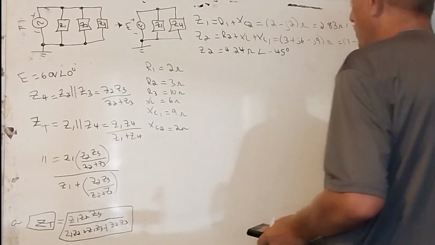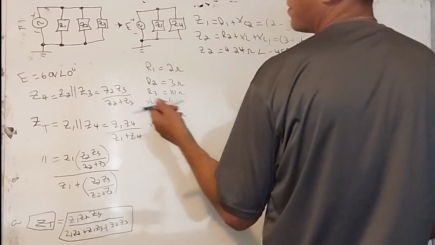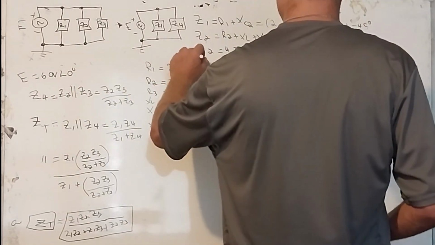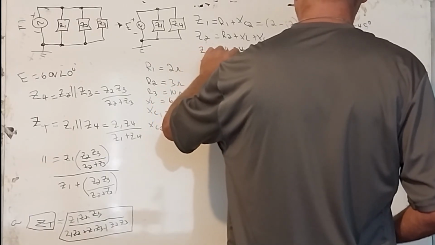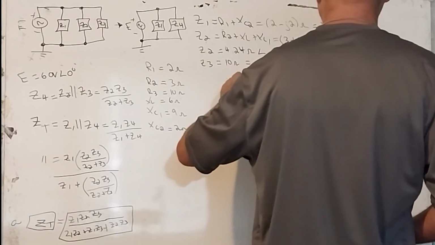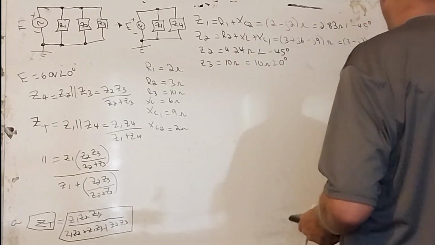Okay, we got Z1, we got Z2, now all we need is Z3. Well, Z3 is easy because that's just a resistor, R3. Z3 is equal to 10 ohms at 0 degrees.